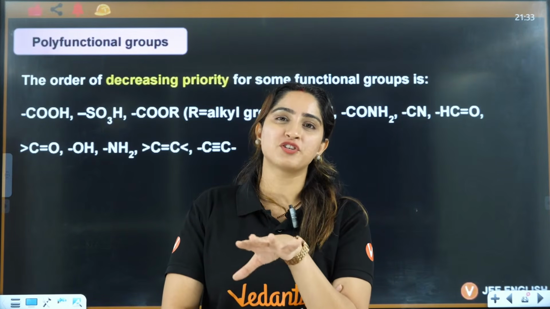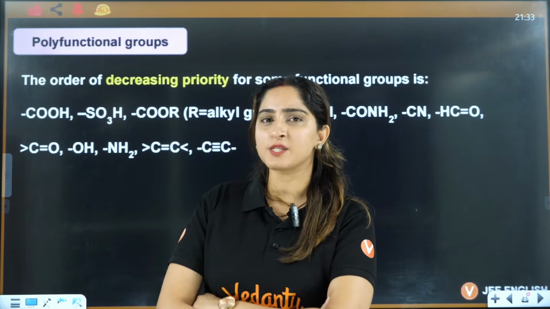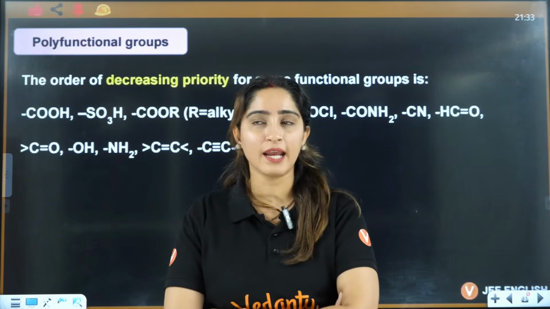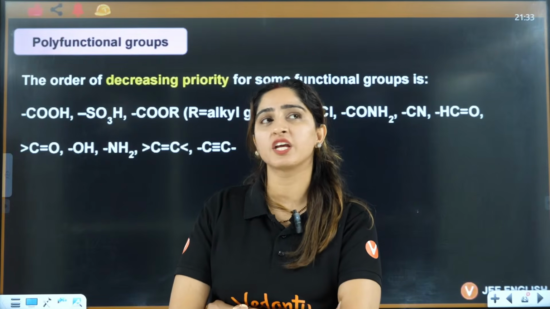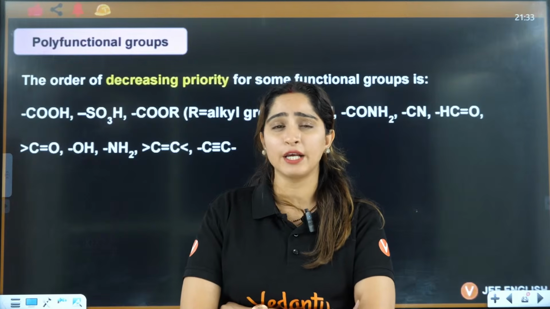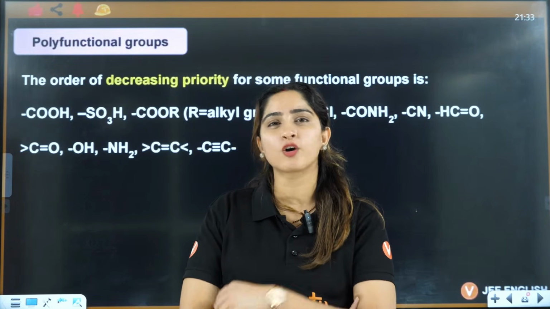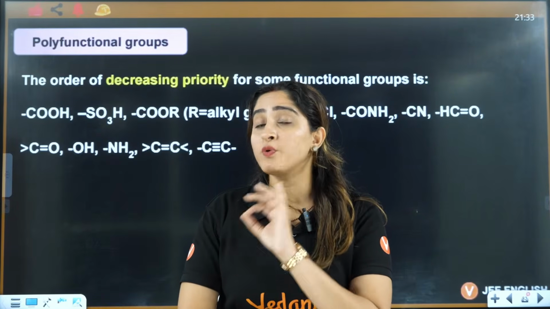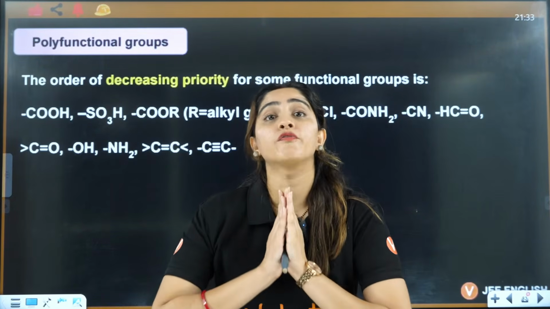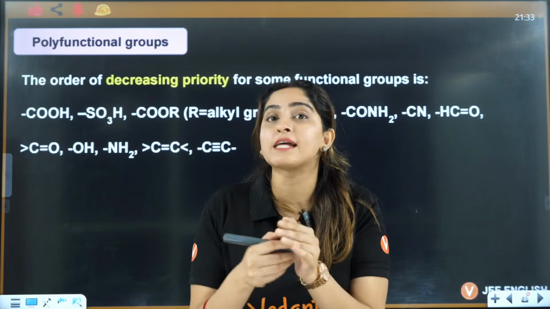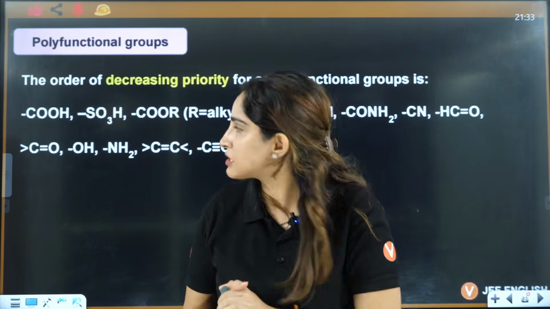If you have so many JEE aspirants in your family, then the priority will be set, according to who is getting good marks in mock tests. So when the functional group was alone, we were giving respect to it. Now there are so many functional groups, so accordingly we'll set the priority of the functional groups, right?